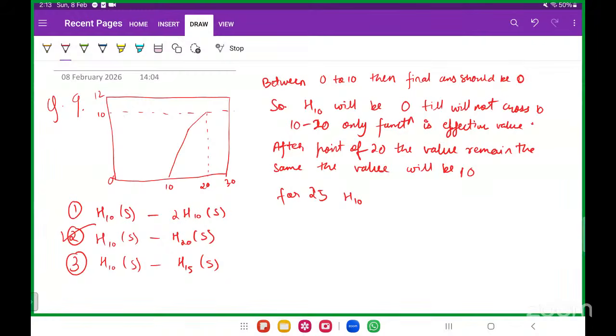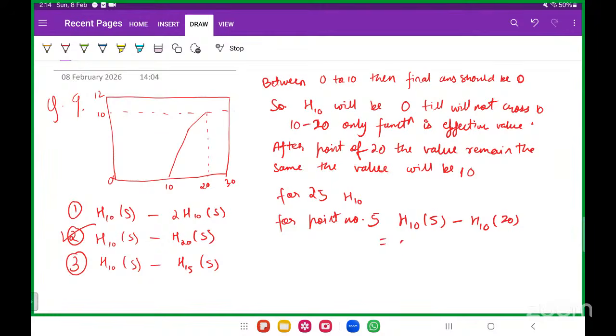So you can verify this for point number 5: H10 of 5 minus H20 of 5 is equal to 0 minus 0, that is 0.